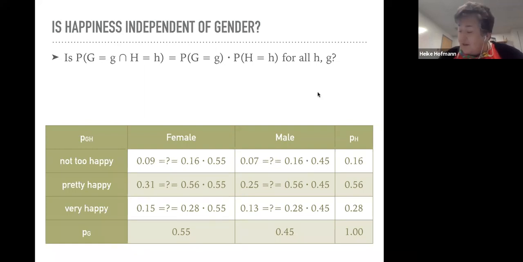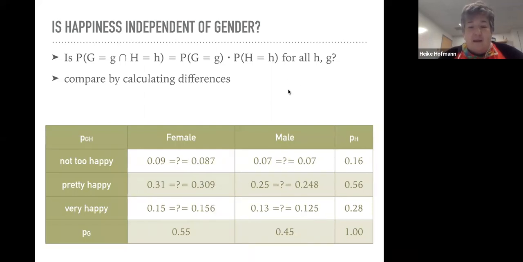So we compare those by calculating the differences, and obviously we're not going to see exactly the same numbers. So what we see here is 0.09 and 0.087, 0.31 and 0.309. The question is, are these differences similar enough?